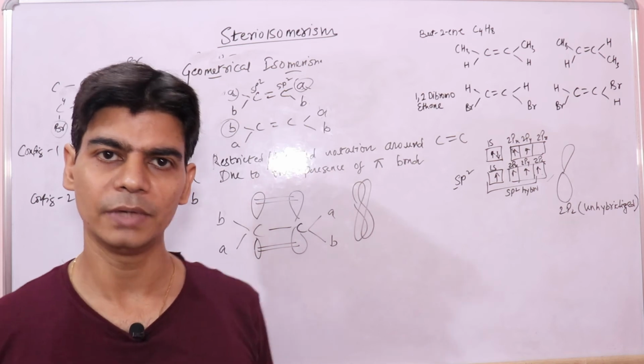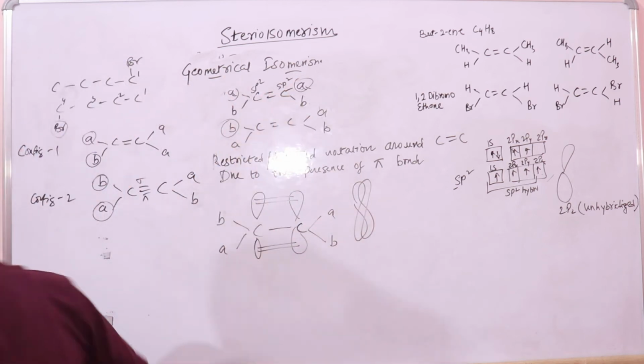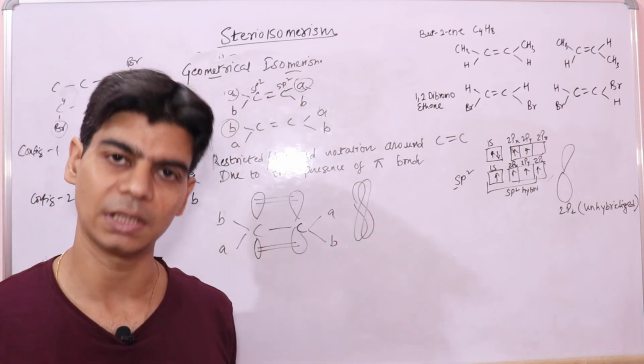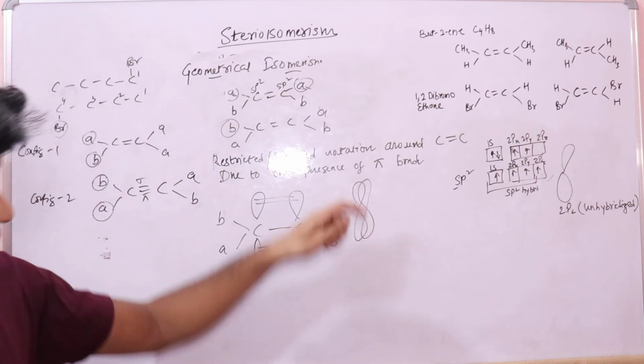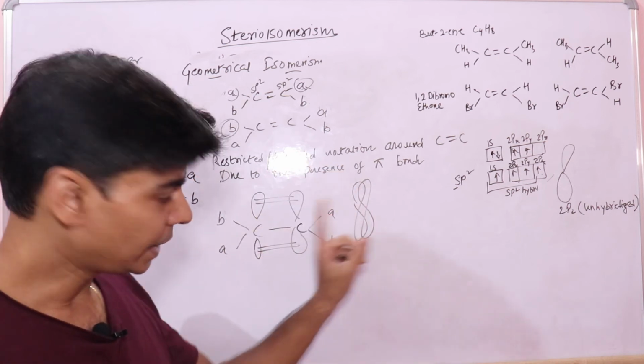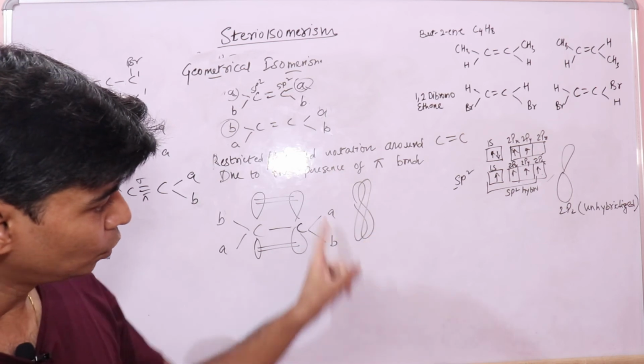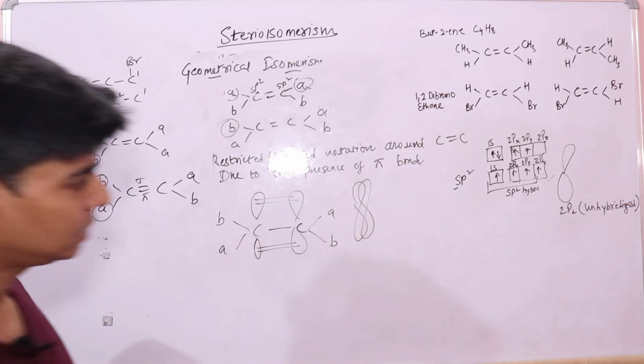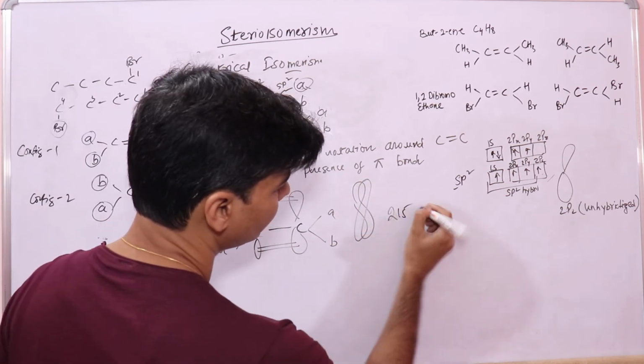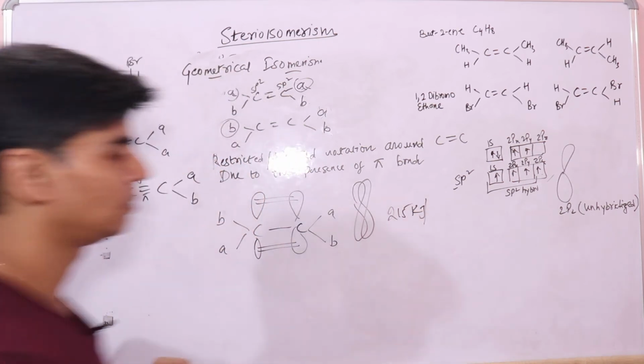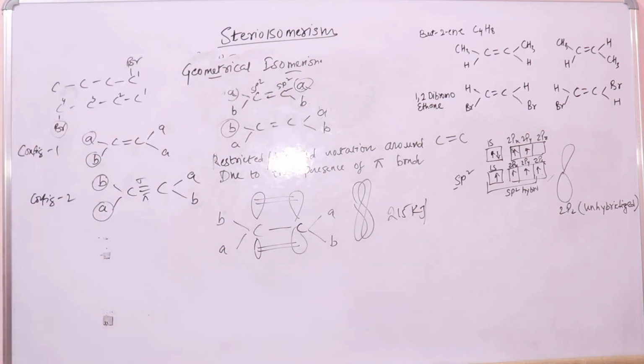If this pi bond breaks, this molecule is no more stable. This molecule will become unstable. So to break this pi bond, generally the energy required is 215 kilojoules per mole.